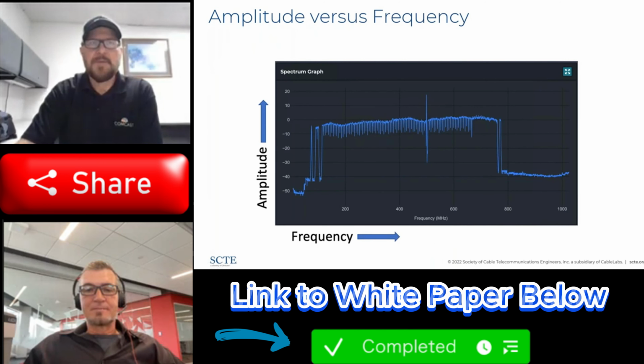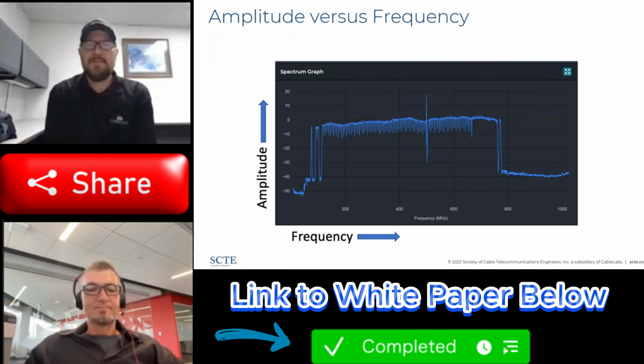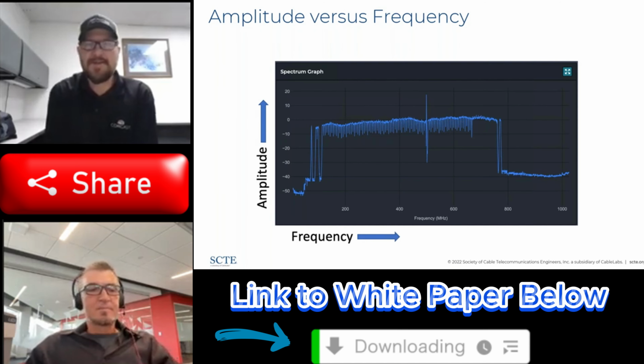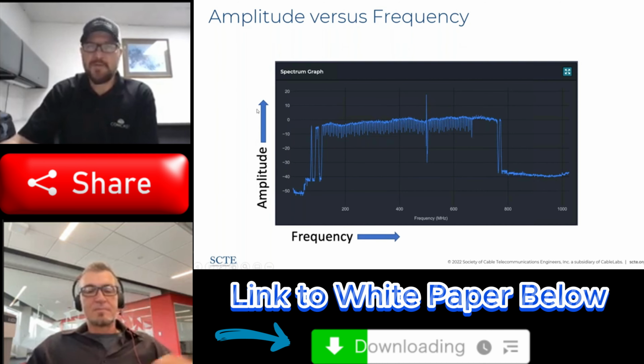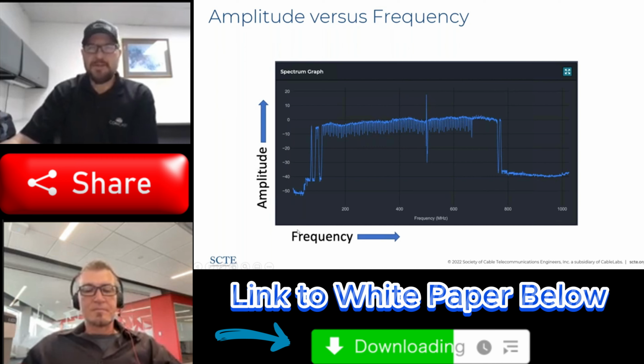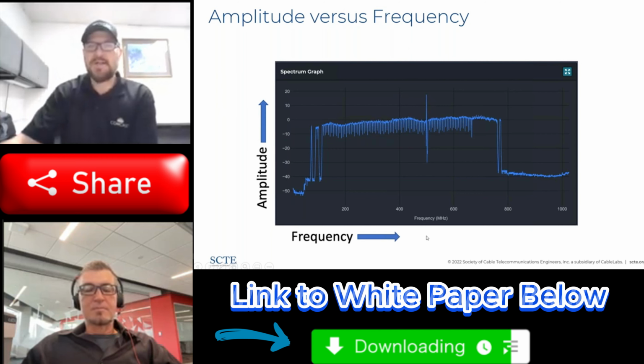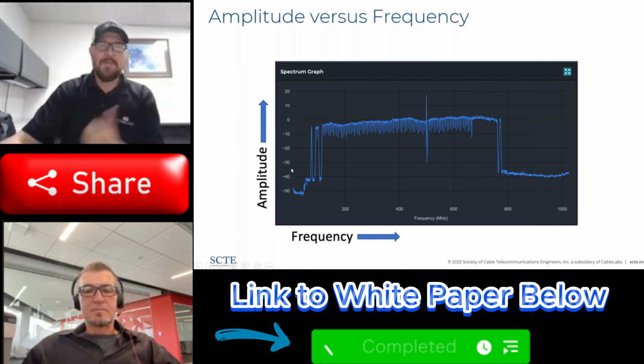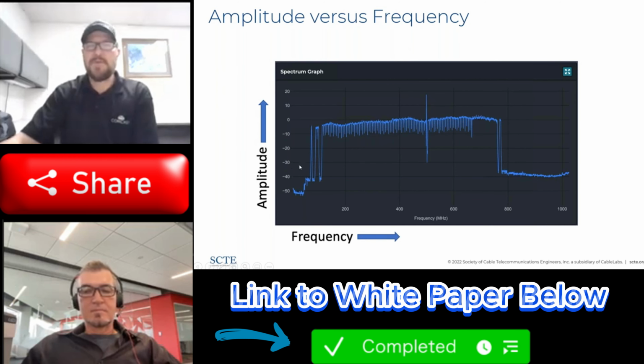Okay. So this is how we're conditioned as technicians from day one, right? In the vertical axis, we think of amplitude or level, not always in power, but in level, in dBmV. And then we're also conditioned to look at a spectrum or any kind of plot with frequency in the horizontal axis, with our return path being all the way on the left, from 5 megahertz to 42 or 85 or 200 if you're doing high split.